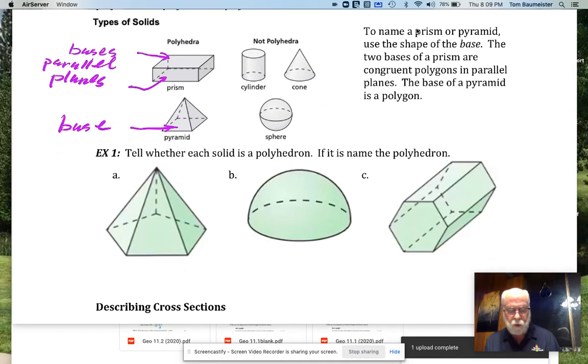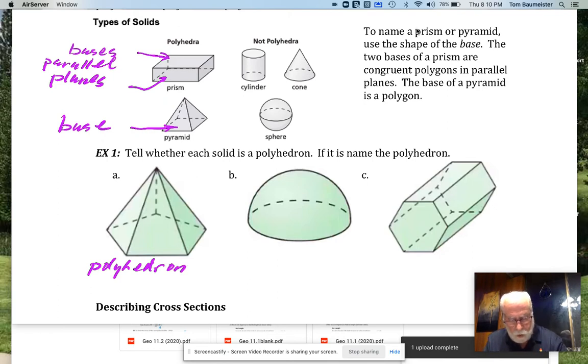So example one, tell whether each solid is a polyhedron. If it is, name the polyhedron. So again, this one here does look like a pyramid. So yes, it is a polyhedron. And look at the bottom there.